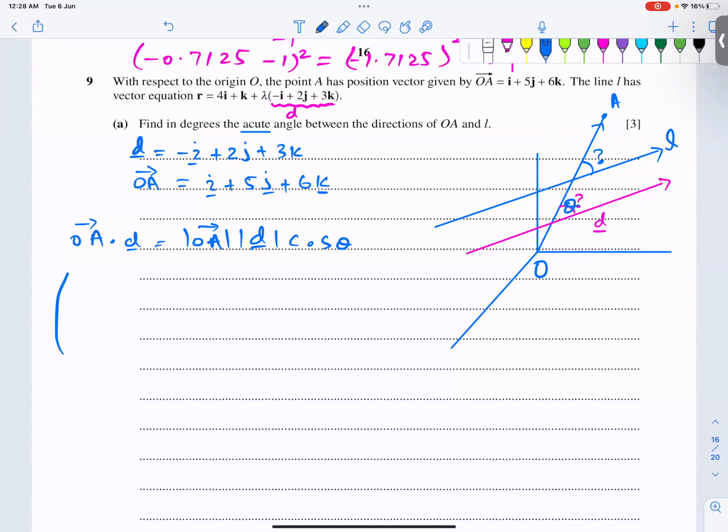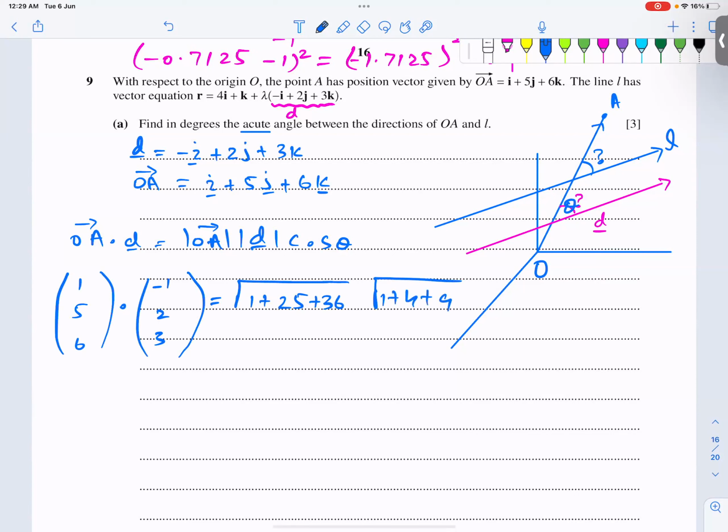So OA is (1, 5, 6), D is (minus 1, 2, 3), equal to the magnitude of OA, which is the square root of 1 plus 25 plus 36, and the magnitude of D, which is the square root of 1 plus 4 plus 9, into cos of the angle between them.